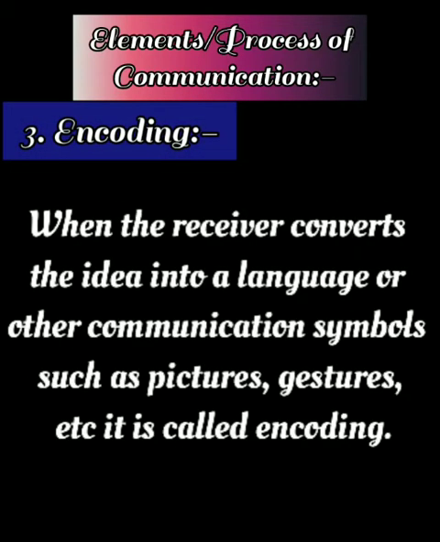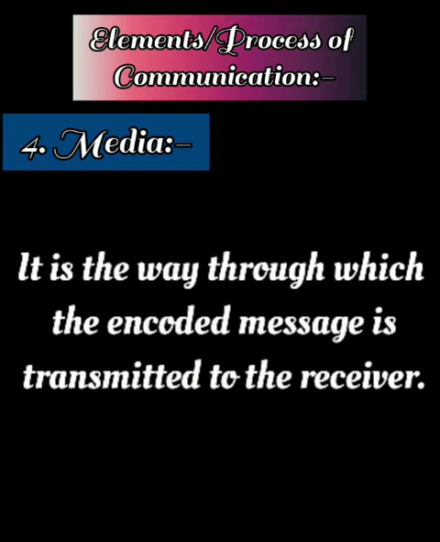When the sender converts the idea into a language or other communication symbols such as pictures, gestures, etc., it is called encoding. Number 4, media. It is the way through which the encoded message is transmitted to the receiver.